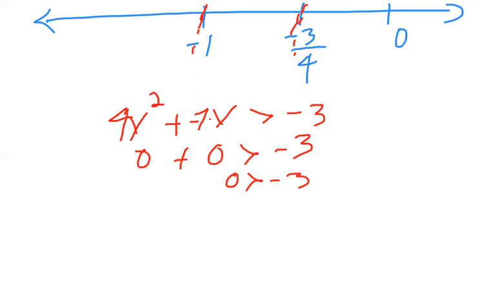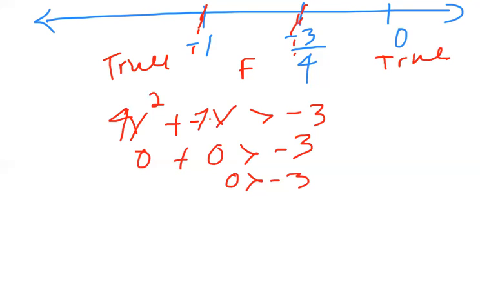So that means that this region right here is true. So if the truth values are alternating, that means the middle region is false. And the left region is going to be true as well. So pretty much this is telling us there's a set of solutions from -infinity up to -1. And then another set of solutions from -3/4 up to positive infinity.